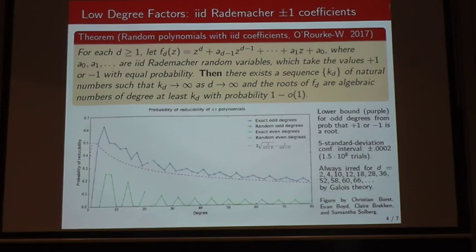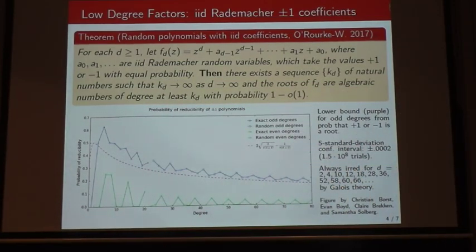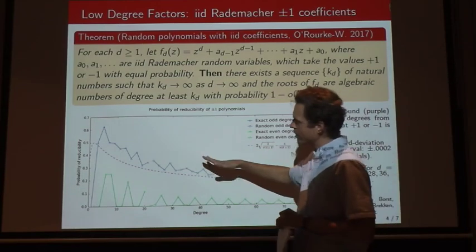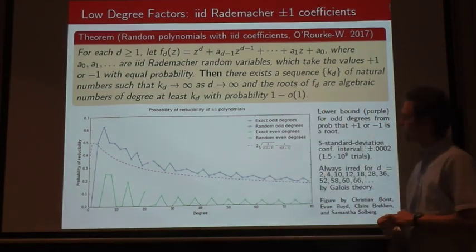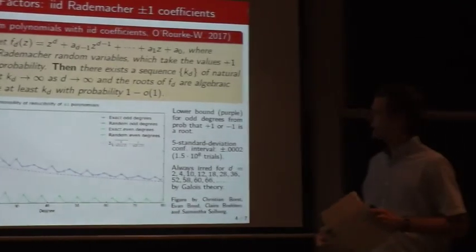So here is some data. The students, again, Borst, Boyd, Brekken, and Solberg, did a similar counting problem for these Rademacher plus minus 1 polynomials. And something immediately became apparent. You see the blue curve and the green curve. They're different. And there's a good reason for that.